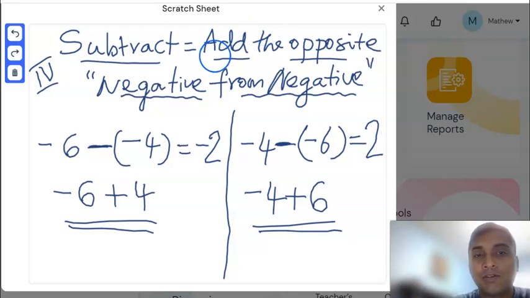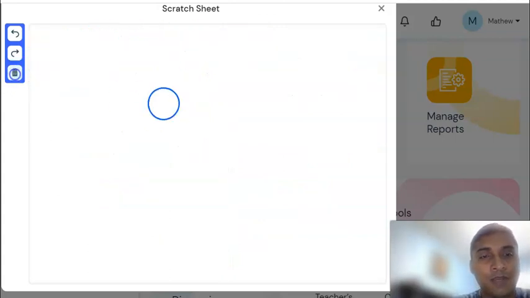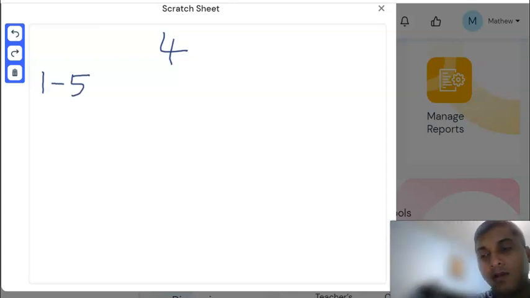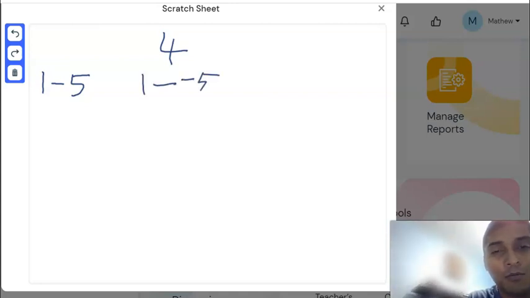Now let's review all what we did with subtracting integers. Let's finalize that. There were 4 cases. The first one, we said 1 minus 5: you subtract a positive number from a positive number, 5 from 1. The second one, 1 minus -5, where you subtract a negative number from a positive number.